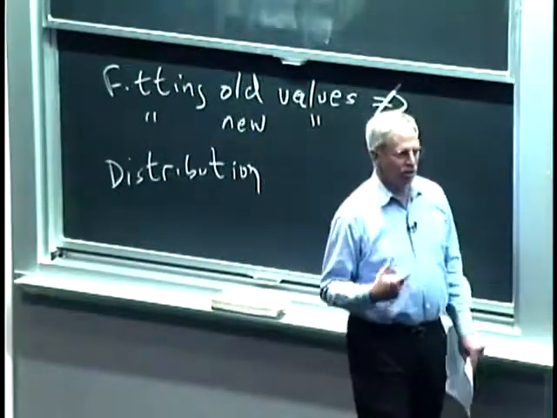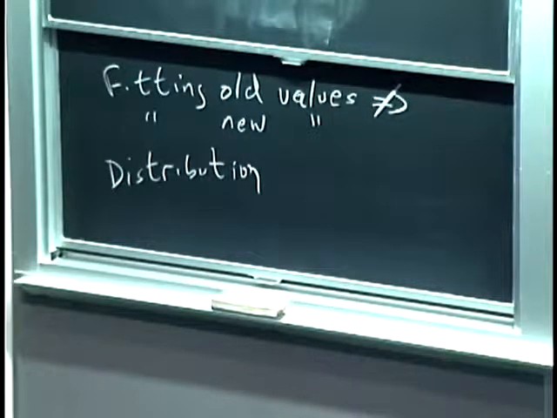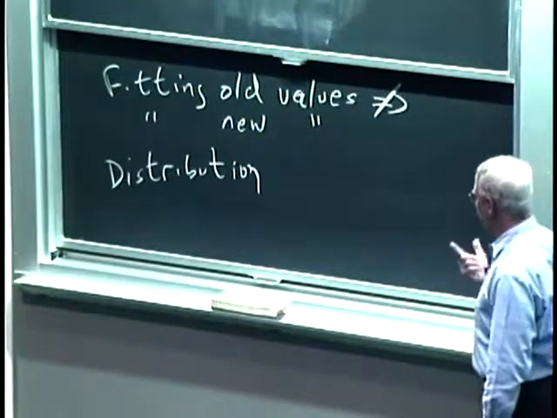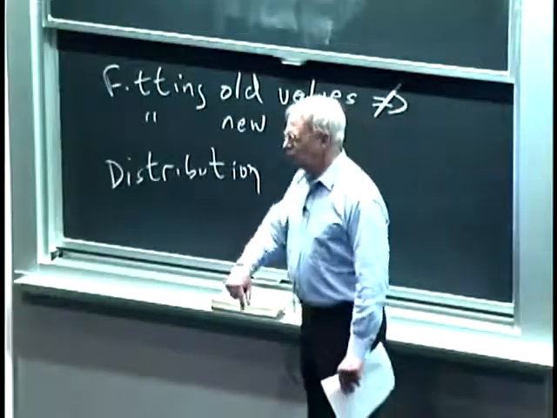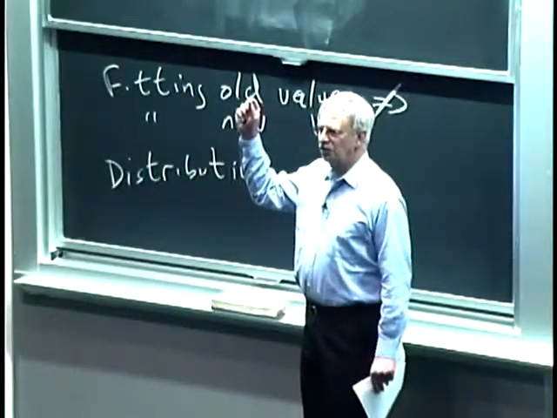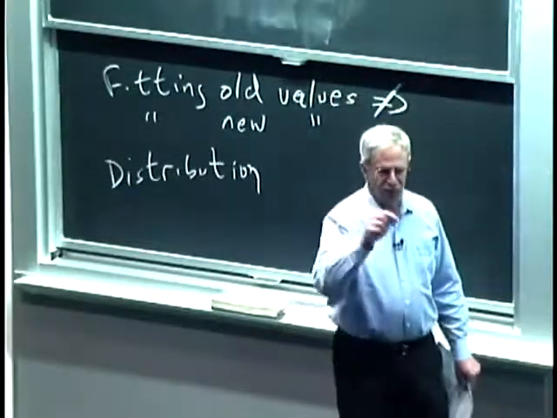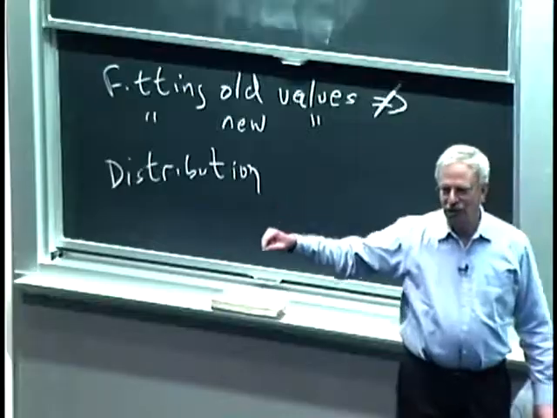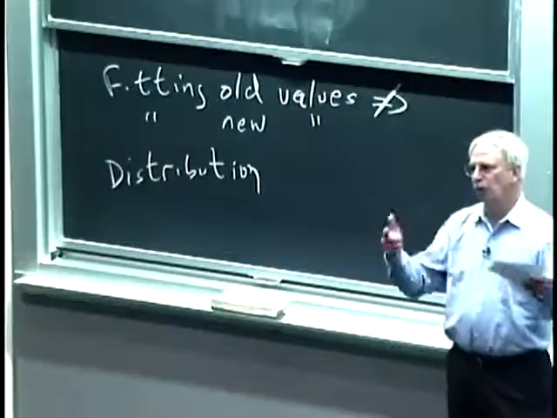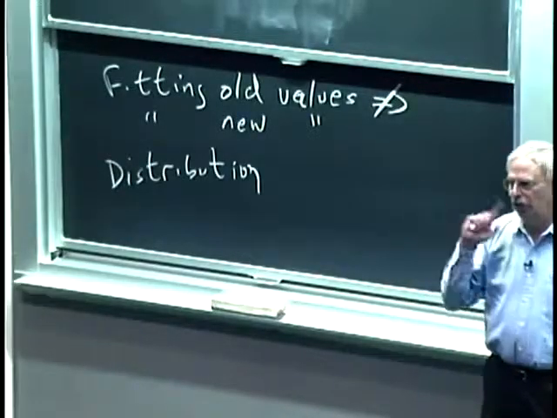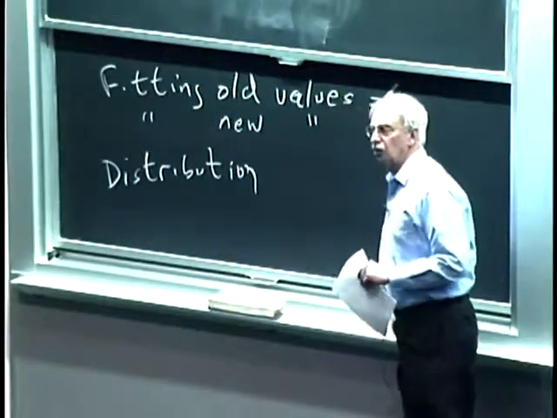Remember, the whole logic behind our idea of using simulation or polling or any kind of statistical technique is the assumption that the values we would draw were representative of the values of the larger population. We're sampling some subset of the population, and we're assuming that that sample is representative of the greater population. We talked about several different issues related to that. I now want to look at that a little bit more formally.